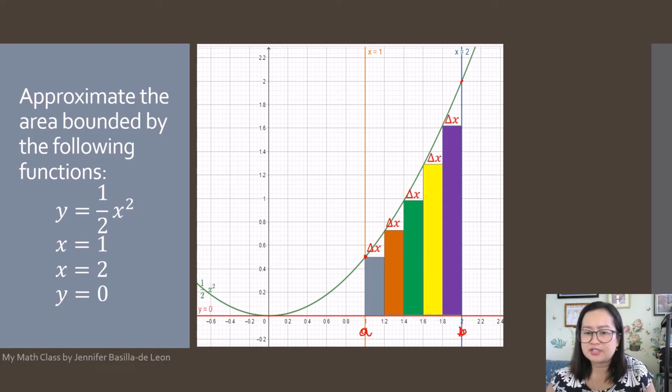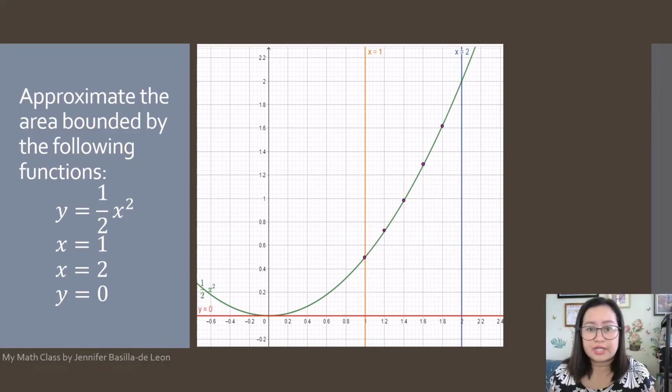Now let's say we decided to use 5 rectangles, and then we can get the value of delta x using this formula. Now let's start by identifying the values of a and b. With this particular example, we are considering the closed interval from a equals 1 and b equals 2.